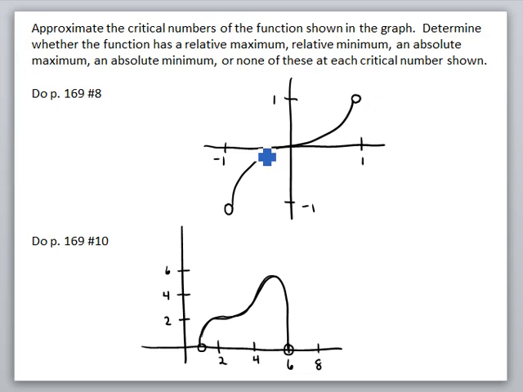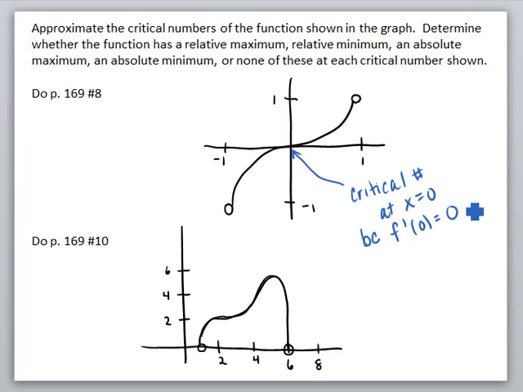So the only approximation that I can make is that there is a critical number at x equals 0, because the derivative at 0 is equal to 0.